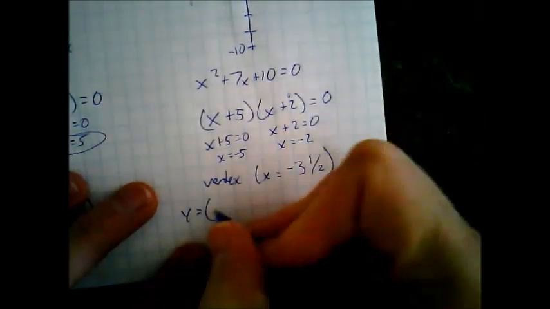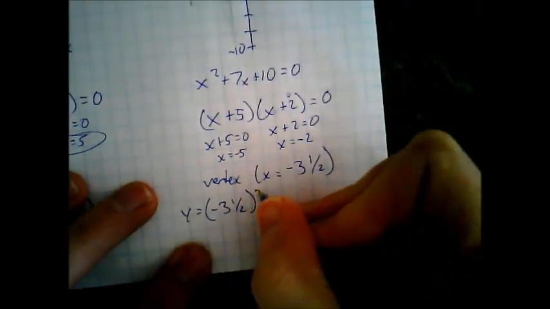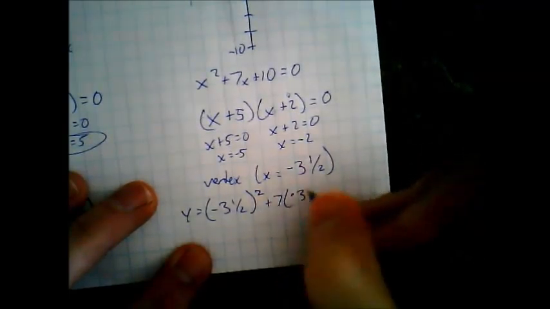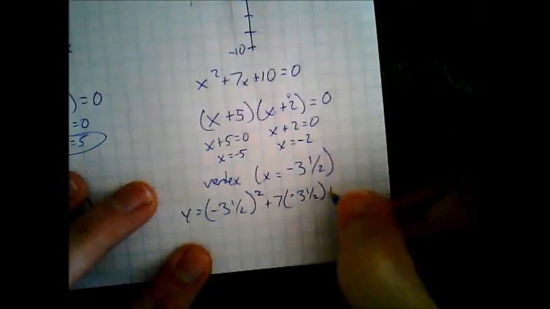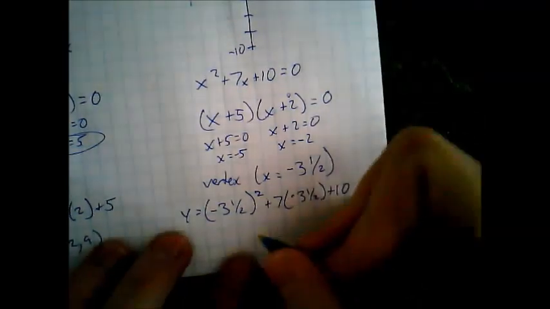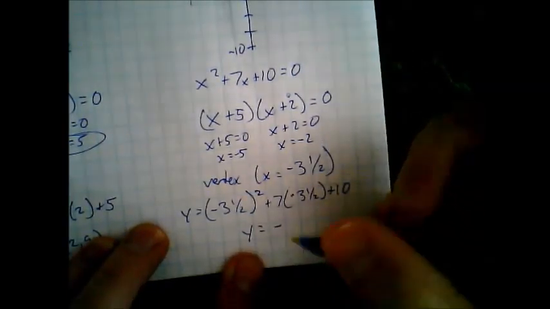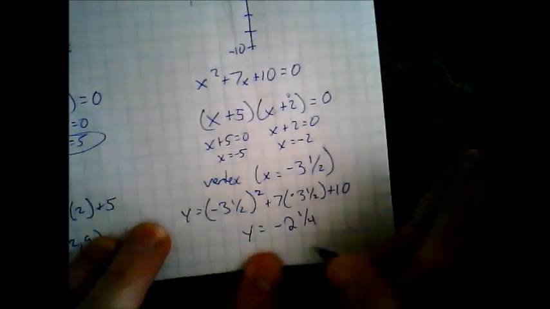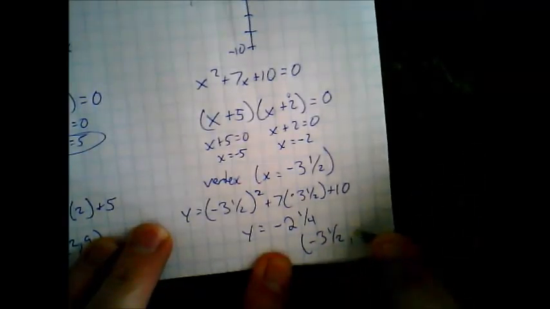So our y is going to equal negative 3.5 squared plus 7 times negative 3.5 plus 10. And we'll just type this into our calculator because I can't do this one in my head. And this gives us y equals negative 2.25. So the vertex is the point negative 3.5, negative 2.25.